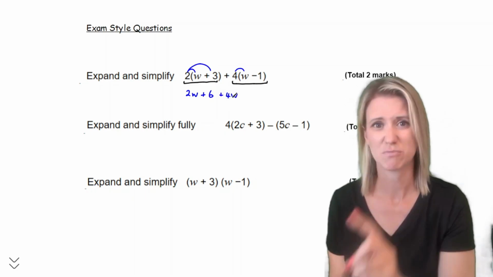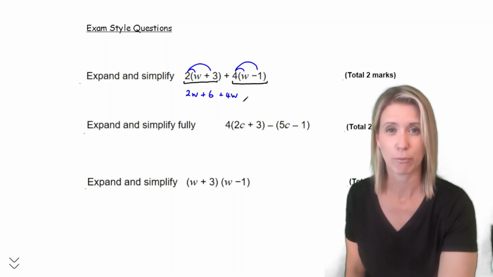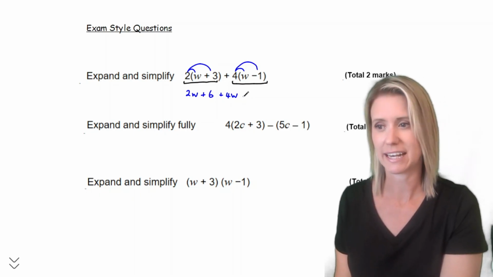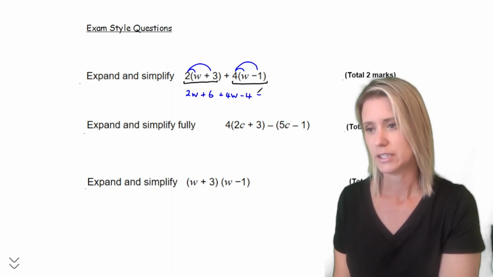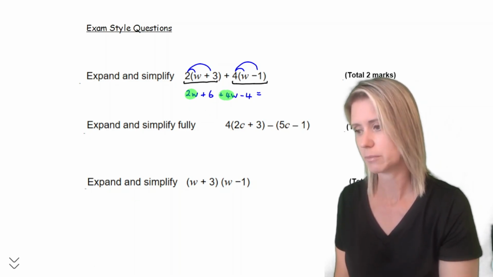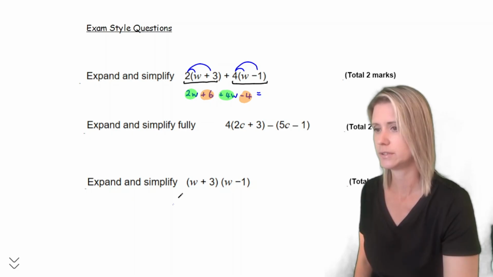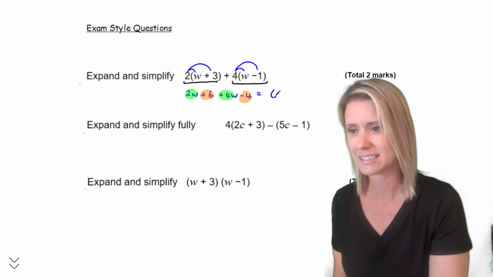All positives, don't need to worry about the signs yet. 4 multiplied by -1, positive multiplied by a negative is a negative, so it's -4. So just be careful now, we have 2w and we're adding 4w, and we have 6 take away 4. Final answer then is giving us 6w plus 2.